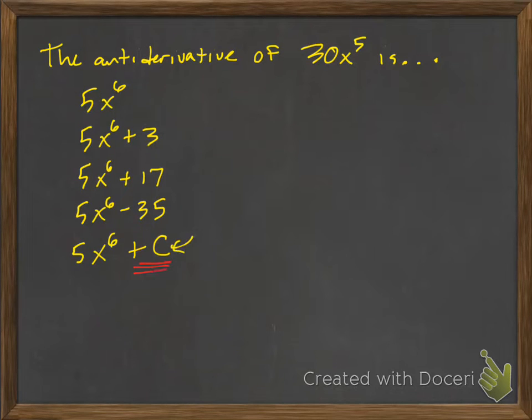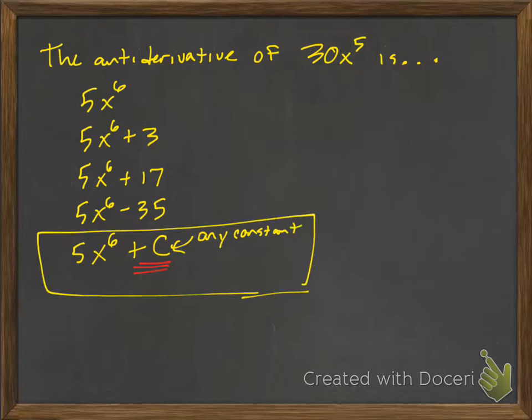If I keep going, here's what I can get out of this. All of the current antiderivatives of 30x to the fifth are 5x to the sixth, 5x to the sixth plus 3, 5x to the sixth plus 17, and 5x to the sixth minus 35. What we notice is when we take the derivative of each of those, the constant goes away. So it doesn't matter what the plus constant or minus constant is.